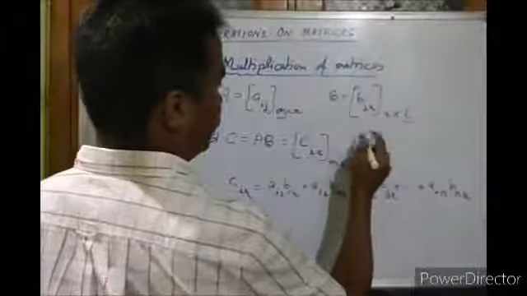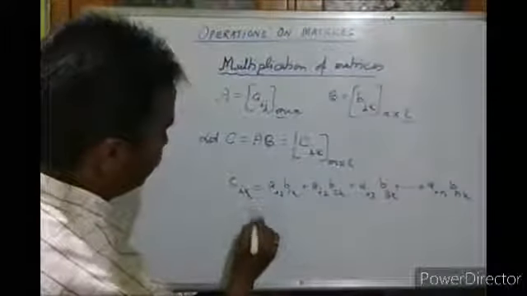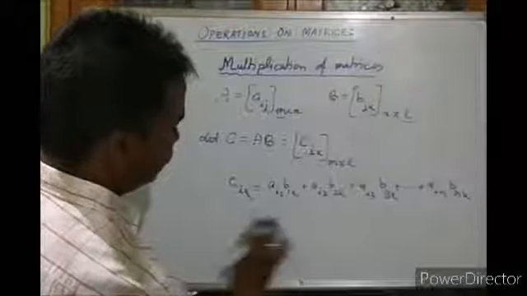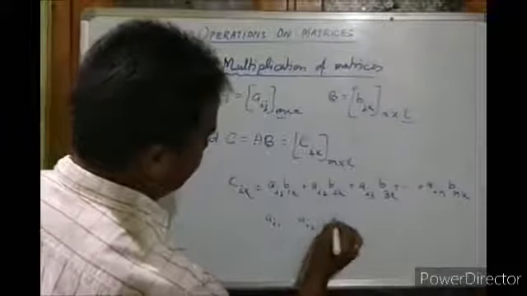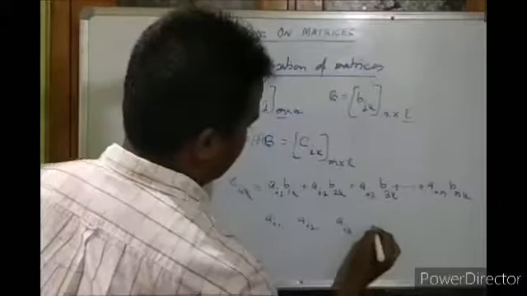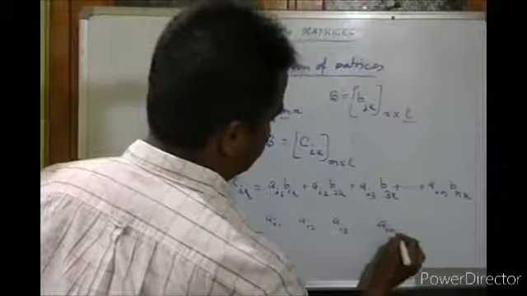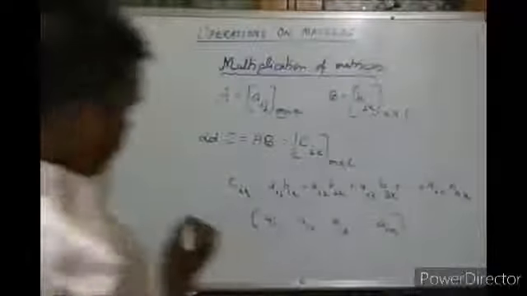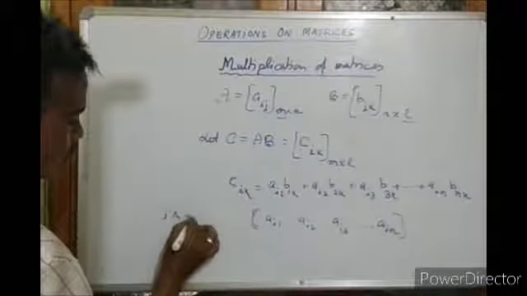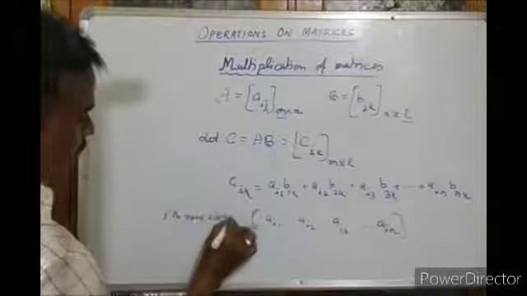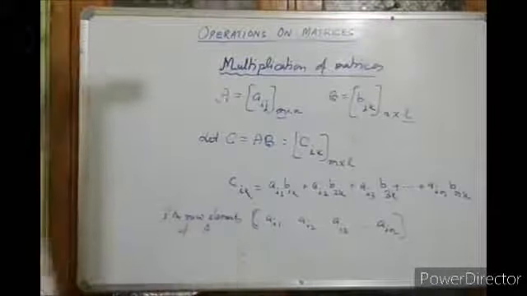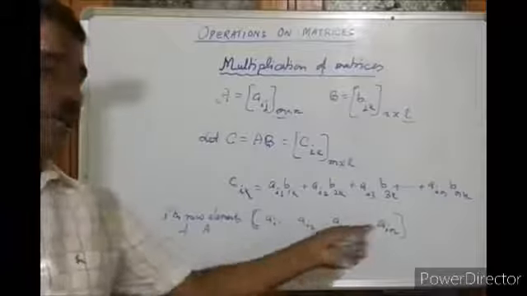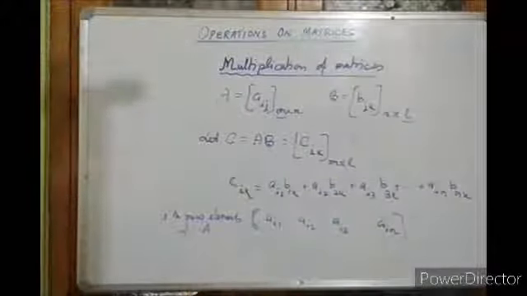The ith row elements will look like this: A_I1, A_I2, A_I3, ..., A_IN. So N elements will be there in the ith row of A.